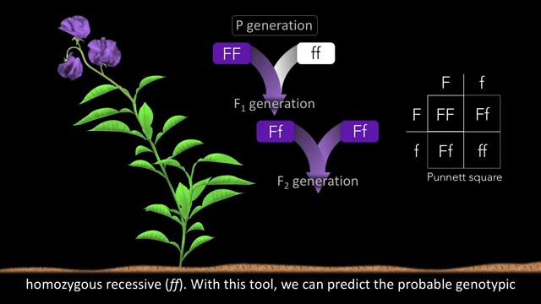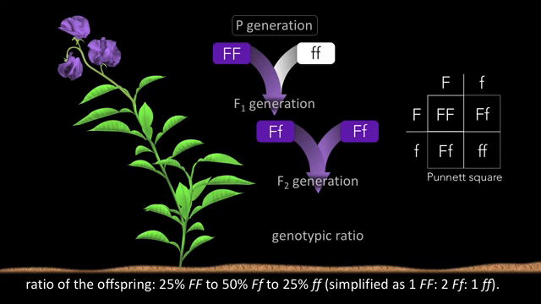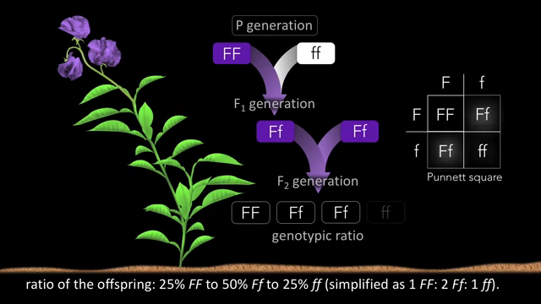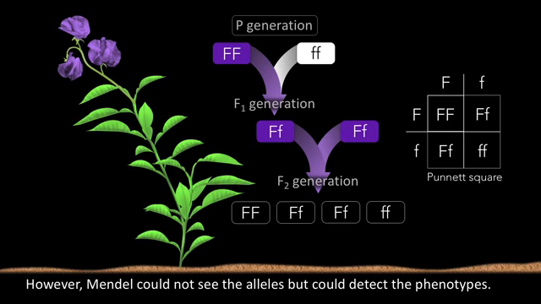With this tool, we can predict the probable genotypic ratio of the offspring, 25% big F big F to 50% big F little f to 25% little f little f. Simplified as 1 big F big F to 2 big F little f's to 1 little f little f. However, Mendel could not see the alleles, but could detect the phenotypes.